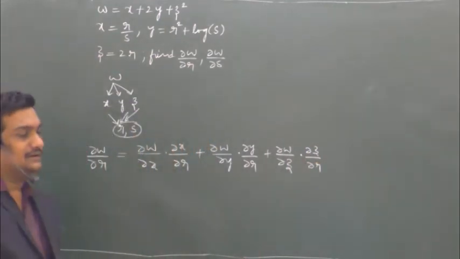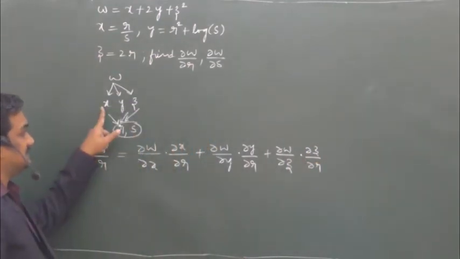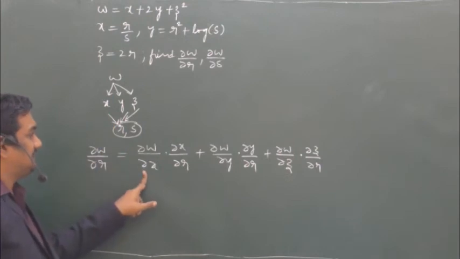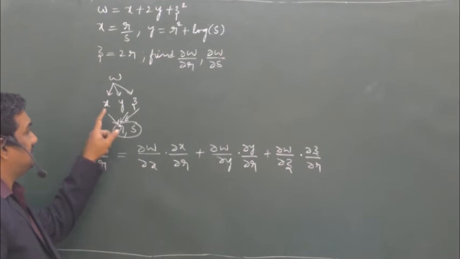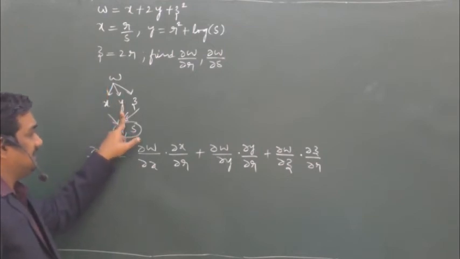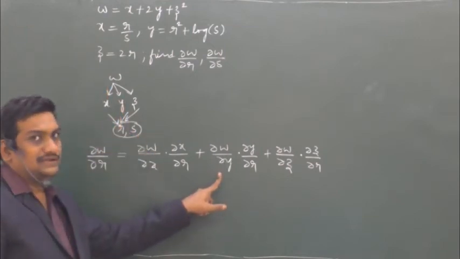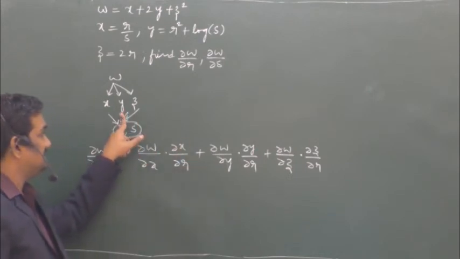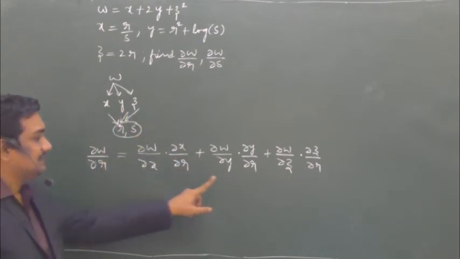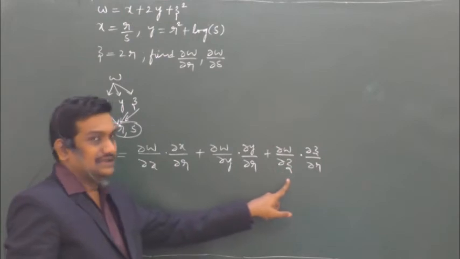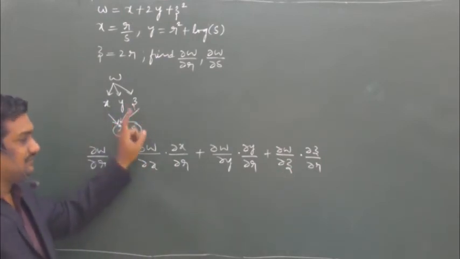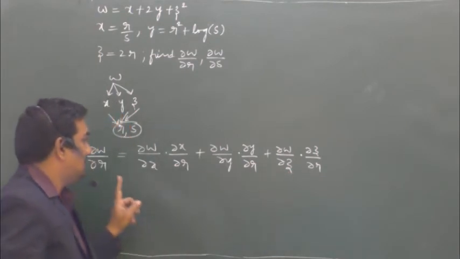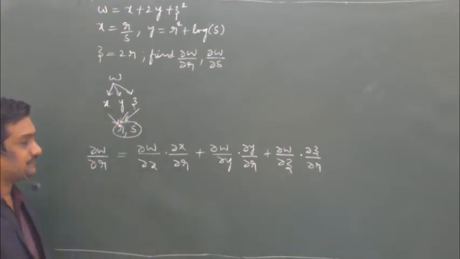You can remember we have taken the derivative with respect to the first variable and the derivative of the first variable with respect to the outside variable. Next the derivative of w with respect to the second variable, that is dou w by dou y, and the derivative of the second variable with respect to the outside variable, that is dou y by dou r. Then the derivative of w with respect to the third variable and the derivative of this variable with respect to the outside variable r.